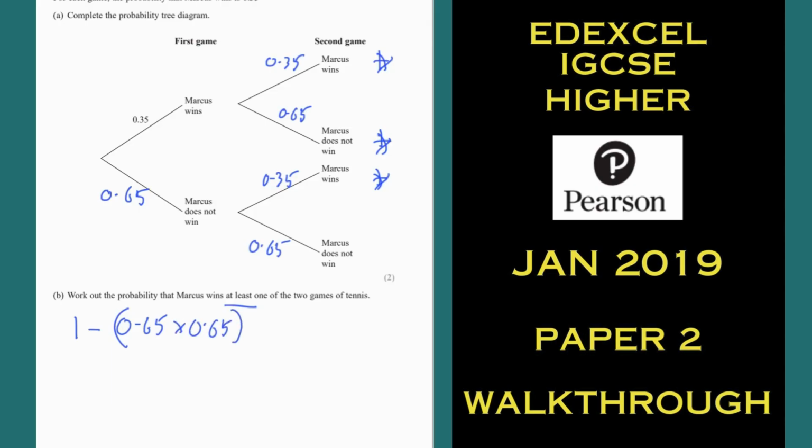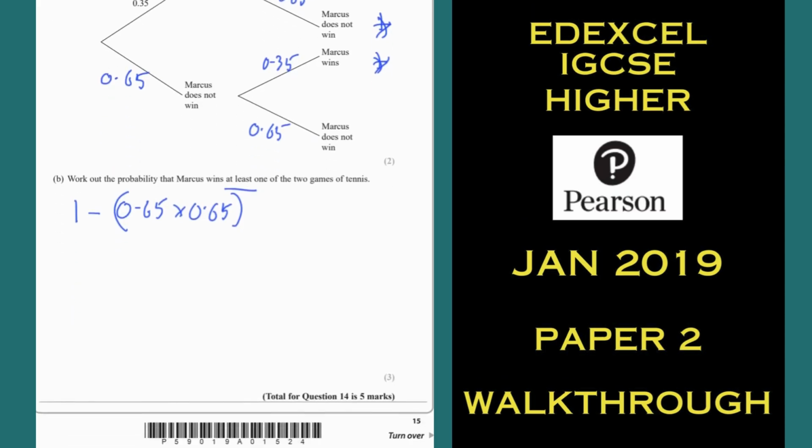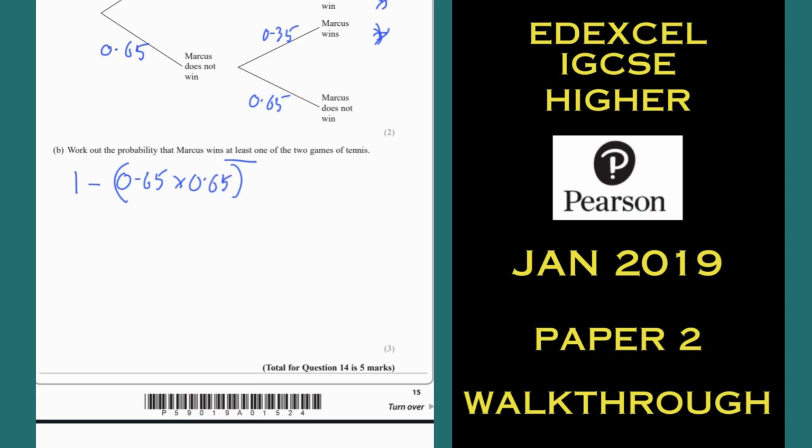Because don't forget, at the end of your branches on probability trees, they should all add up to the value of 1. No matter which way you've done it, no one really cares. By the time you've found a shortcut, sometimes you could have just done a question the long way. But either way, as long as you get 0.5775 or whatever the fraction equivalent is.